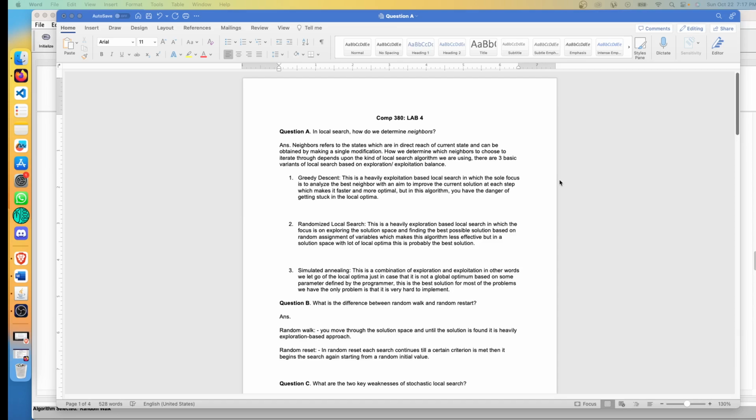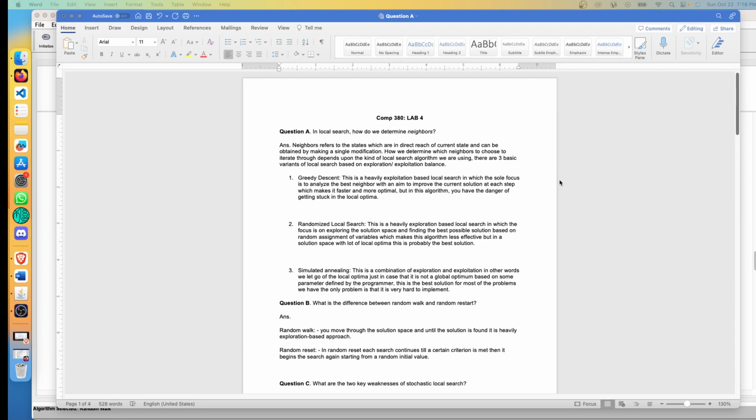This kind of algorithm is better if the solution state has a lot of local maxima and our algorithms can get stuck. The third one is the combination of exploration and exploitation. This is something like simulated annealing or greedy descent with random initialization.